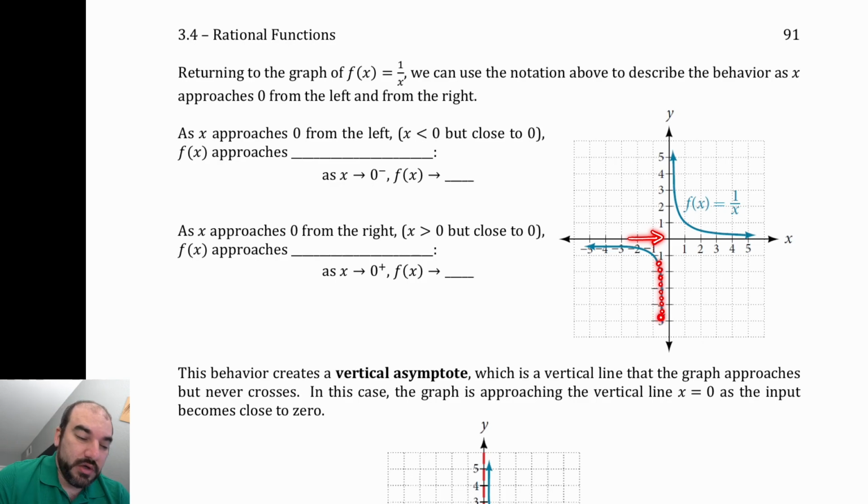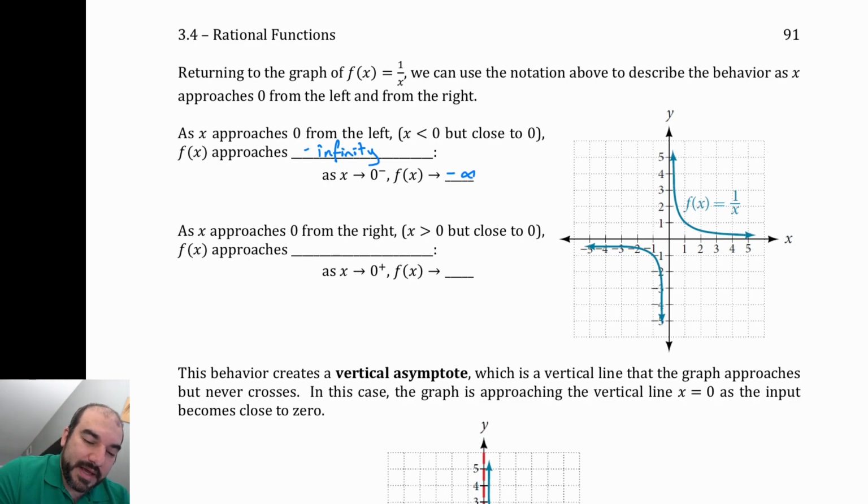They go to negative infinity. So we'll write negative infinity here. And in shorthand symbolic notation, this is how we'll write that: x arrow 0 with the superscript of minus. That means as x approaches 0 from the left, f of x is going to approach negative infinity.